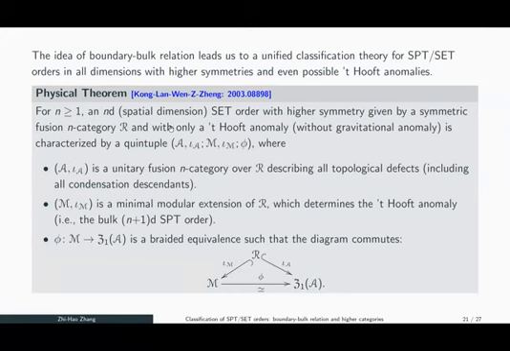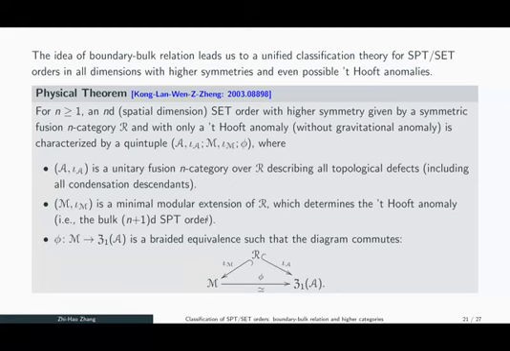And possibly it has a 't Hooft anomaly, but without gravitational anomaly, so it is characterized by the following data. So first we need a unitary fusion n-category A. This is the category of topological defects in all codimensions. And also we need the minimal modular extension of R. It determines the 't Hooft anomaly. It is the bulk n+1D SPT order.